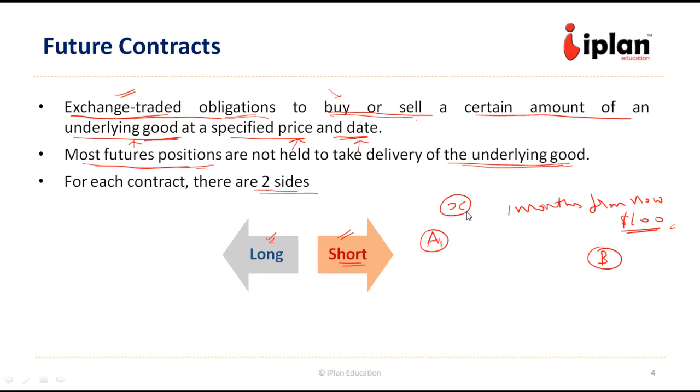That brings them to the market where they get into this futures contract. So A will hold a long position, B will hold a short position. At the time of expiry, A will buy from B at the price which was predefined, and the mechanism and timing of the delivery will be specified in the futures contract.